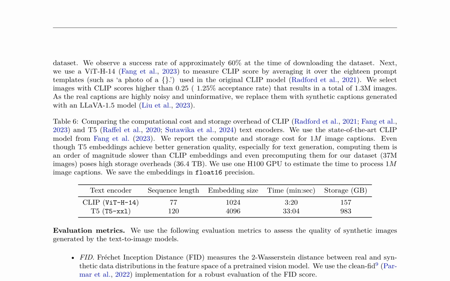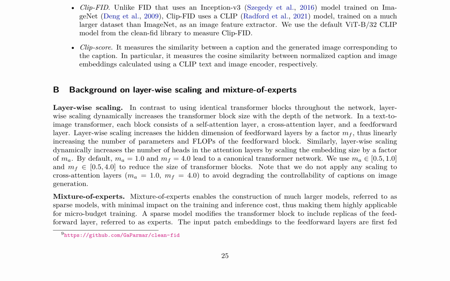They employ a ViT-H-14 model to measure CLIP scores, selecting images with scores higher than 0.25, resulting in a total of 1.3 million images. The authors compare the computational cost and storage overhead of CLIP and T5 text encoders, finding that T5 embeddings achieve better generation quality but are an order of magnitude slower than CLIP embeddings. They use CLIP embeddings for their dataset due to the high storage overheads of T5 embeddings.